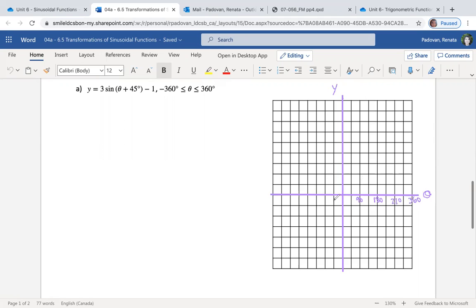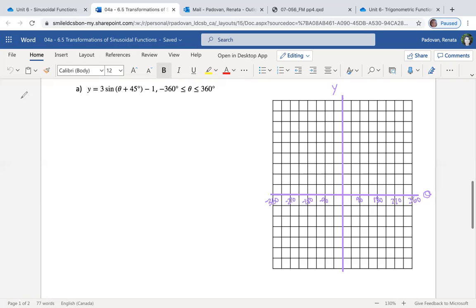And I do the same thing on this side, 45 and then negative 90. And then 2 away would be negative 180, and then negative 270. And then the last one here would be negative 360. So we just fit it. So perfect that I was able to put my y-axis. So that's why you have to count it through and see at first, right?